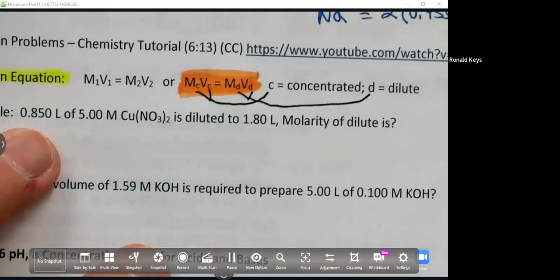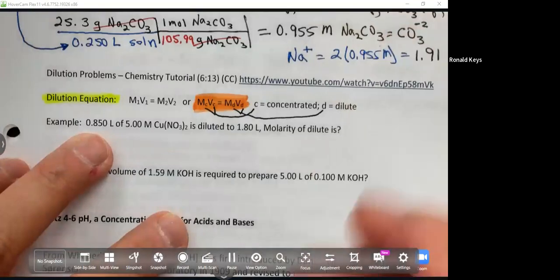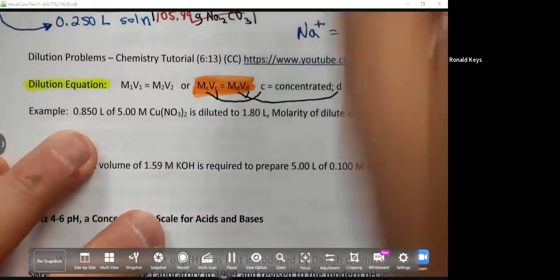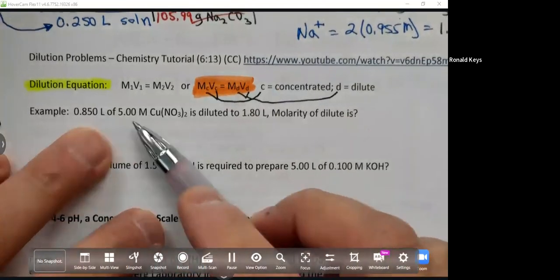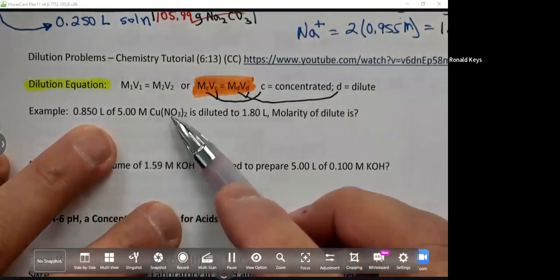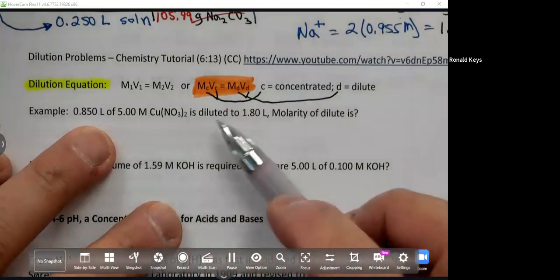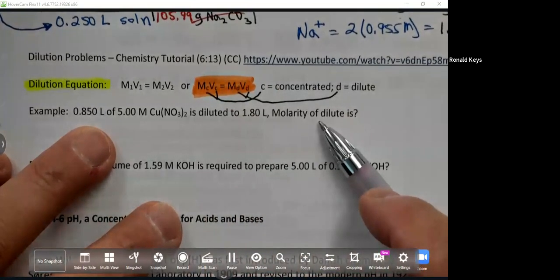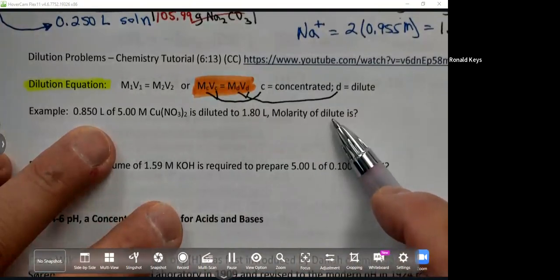So here's, for example, we have 0.850 liters of a 5 molarity copper nitrate. It's diluted to 1.8 liters. What is the molarity of the dilute?